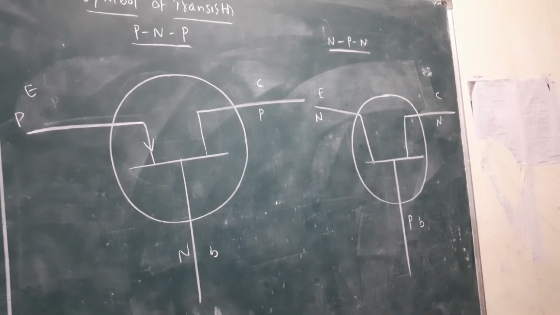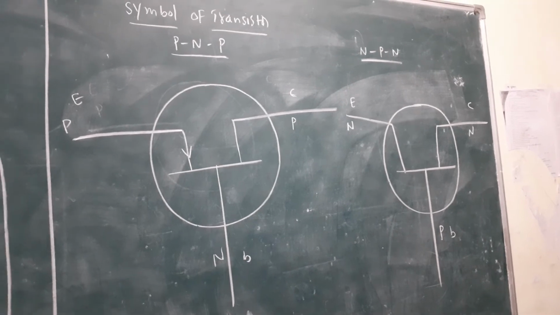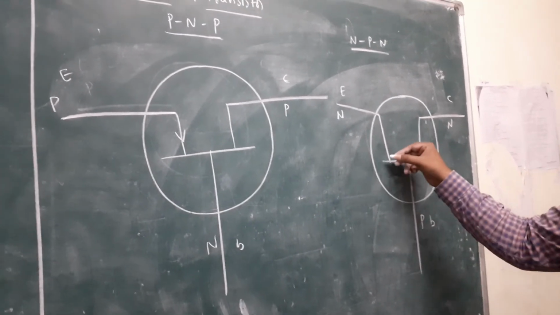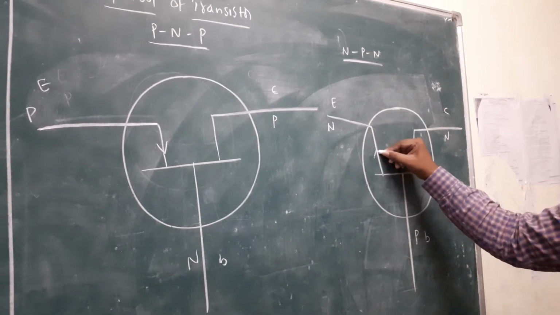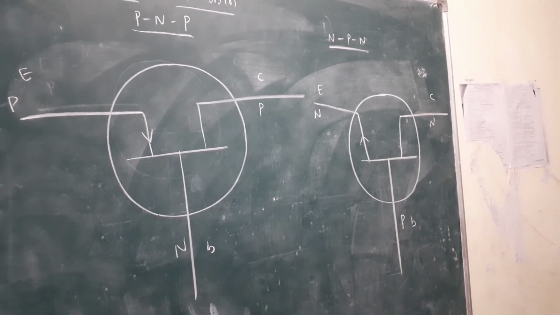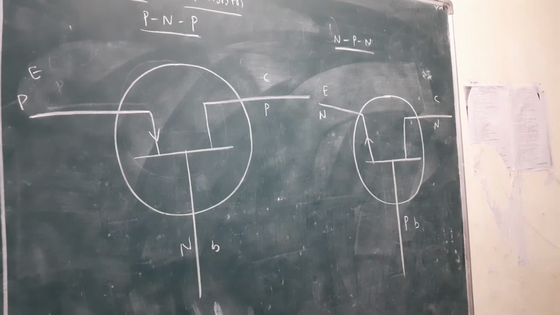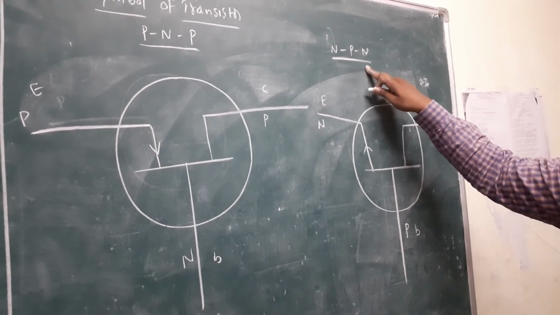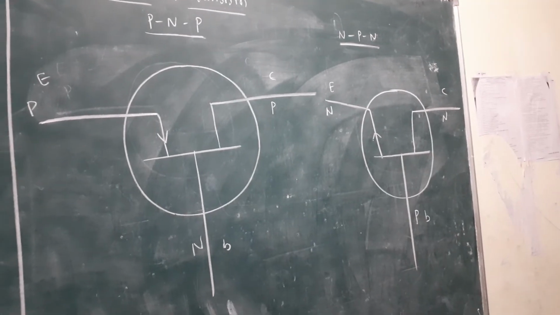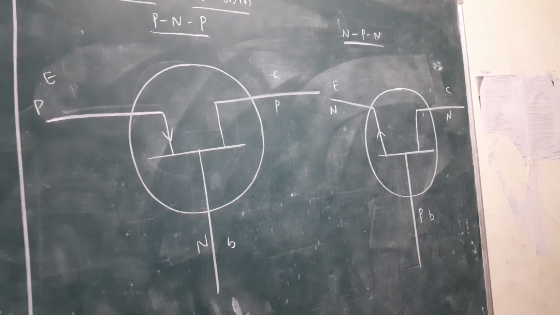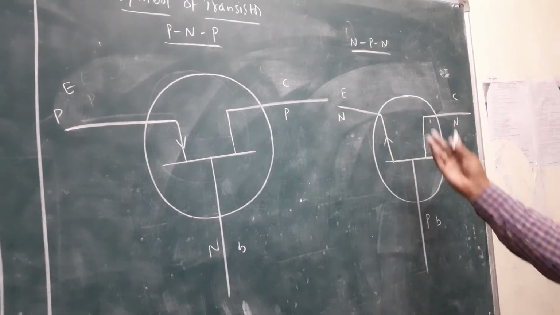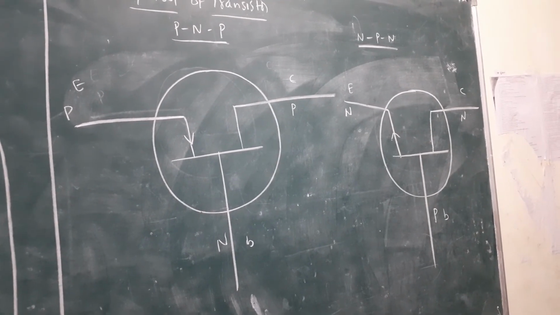In the NPN transistor, current direction is P to N. On the emitter, if the direction of current is moving upward, the transistor is NPN. If it is moving downward, that is called a PNP transistor. These are the circuit symbols of PNP and NPN. Okay, next class now.